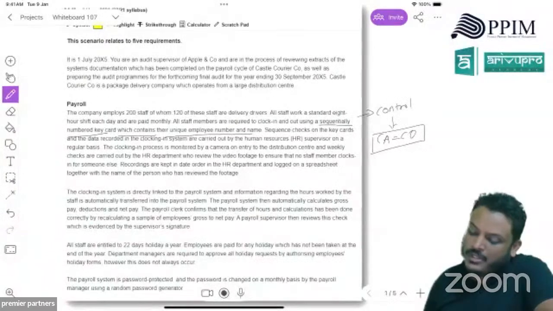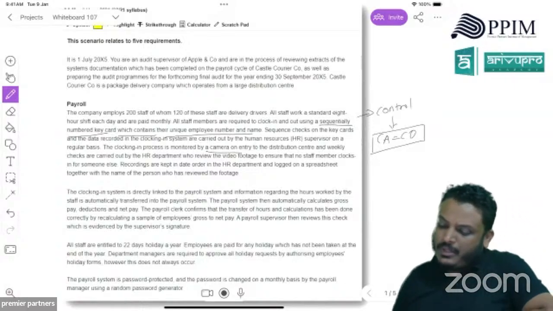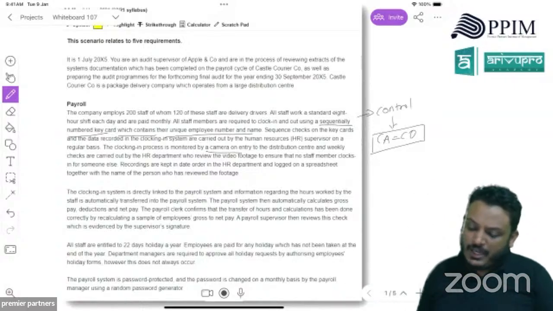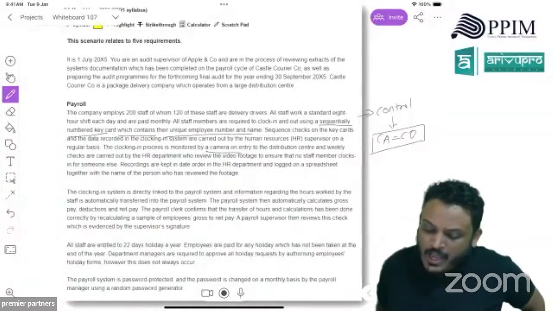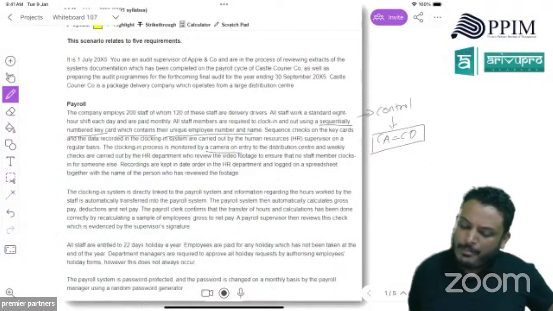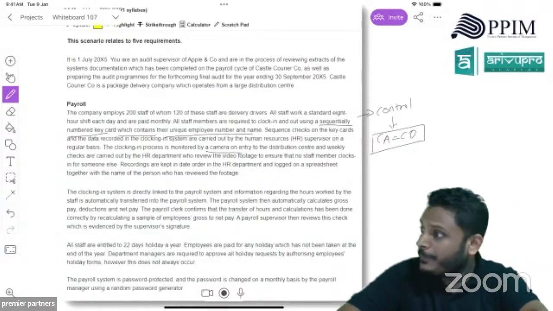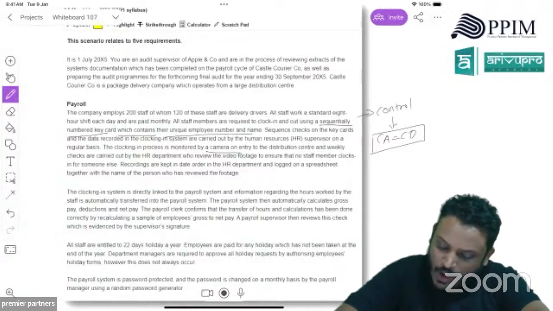The clock-in process is monitored by a camera. That is also a control, CCTV. At the distribution center, weekly checks are carried out by the HR department, who review the video footage to ensure that no staff member clocks in for someone else. Good control. Recordings are kept in date order by the HR department and logged on a spreadsheet together with the name of the person who has reviewed the footage.